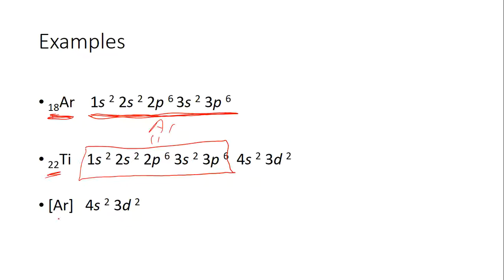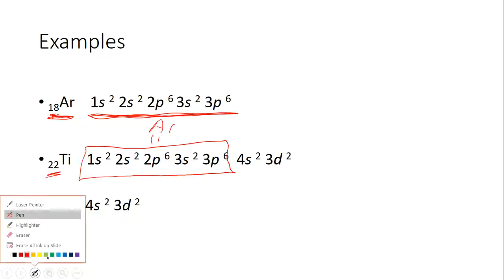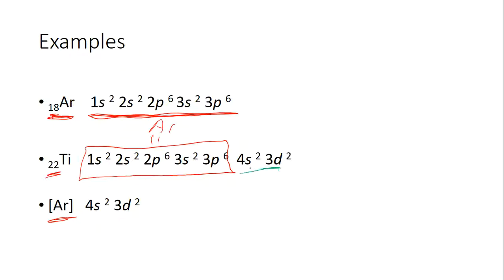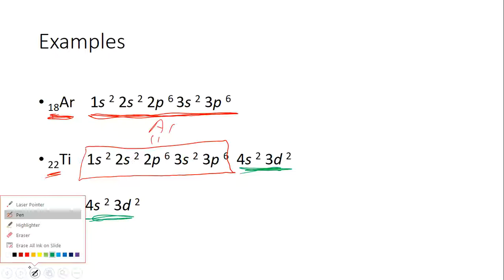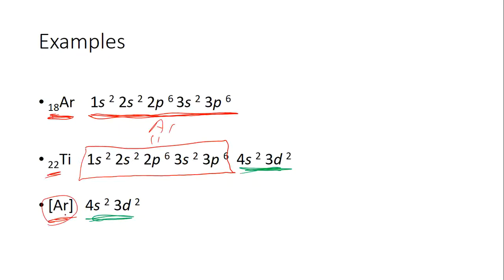So if you ever want to write shorthand and not have to write all these, you are more than welcome to say that the electron configuration for titanium is everything argon is plus the 4s2, 3d2. So you see how this, change the color here, right? So this here is this here, and then the argon is the red, right? So this argon here is all this stuff here.